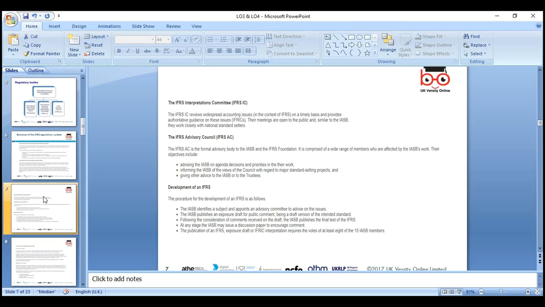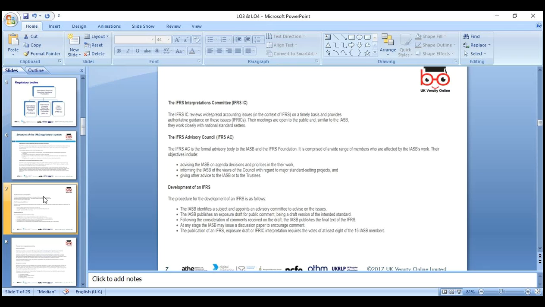Then the Board publishes a draft for public comments, and following consideration of the comments received on the draft, the Board finally issues the International Financial Reporting Standard. At any stage, the Board may issue documents to discuss the proposals and encourage comment, and the publication of the International Financial Reporting Standard follows.